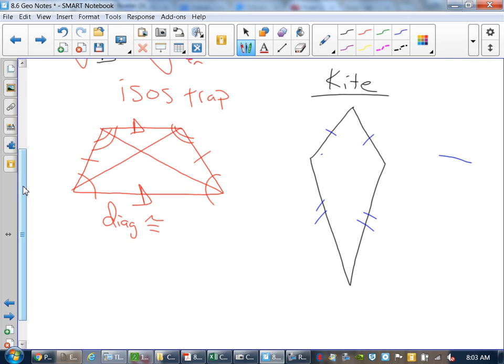If you drew that base in, that base is bisected by the other diagonal. And you have 4 right angles. And then the 2 angles where that diagonal touches the shared base between the isosceles triangles, those are the 2 angles that are congruent. The angles in between.